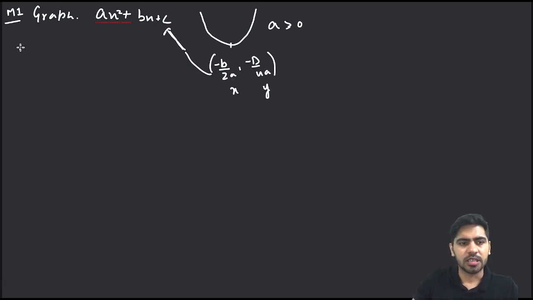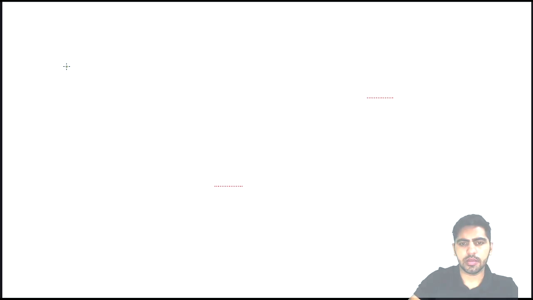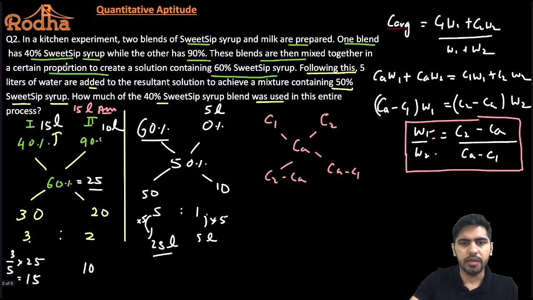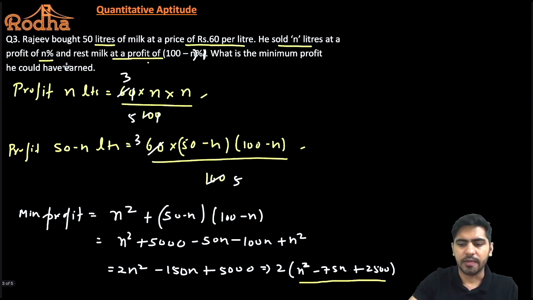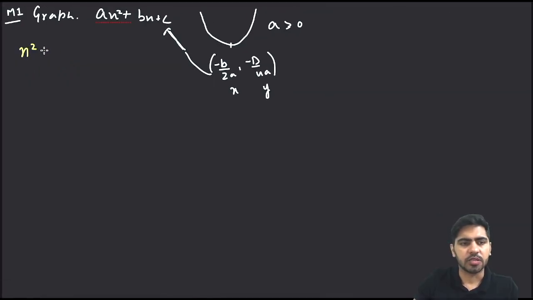So here the equation is, sorry, my bad, n square minus 75n plus 2500.